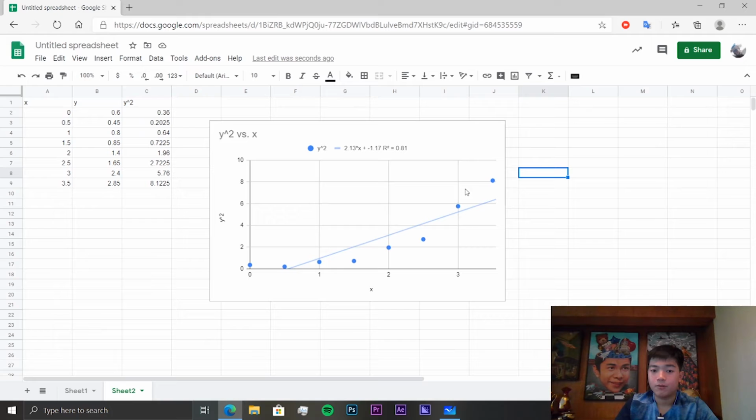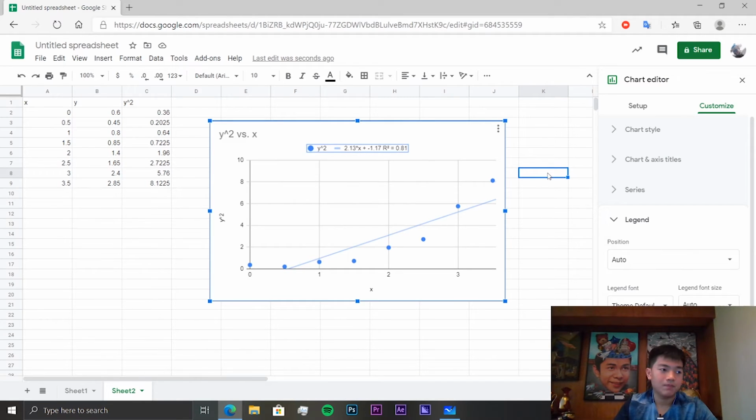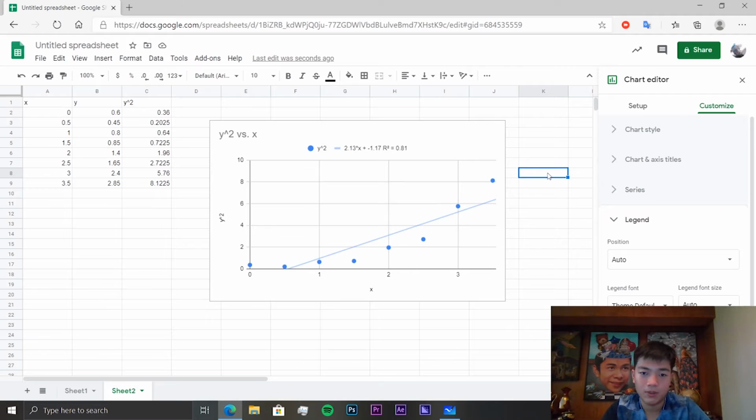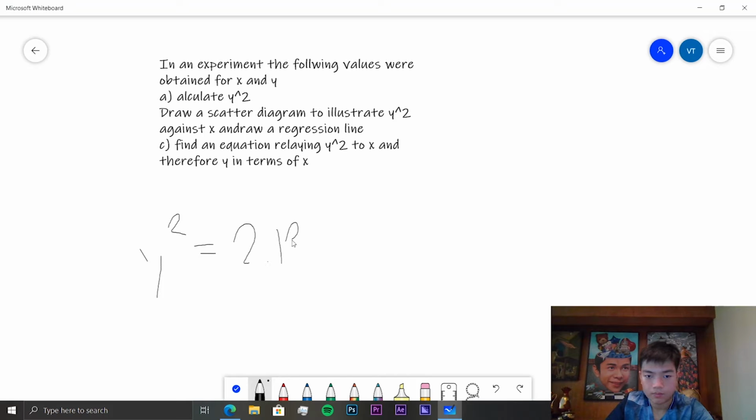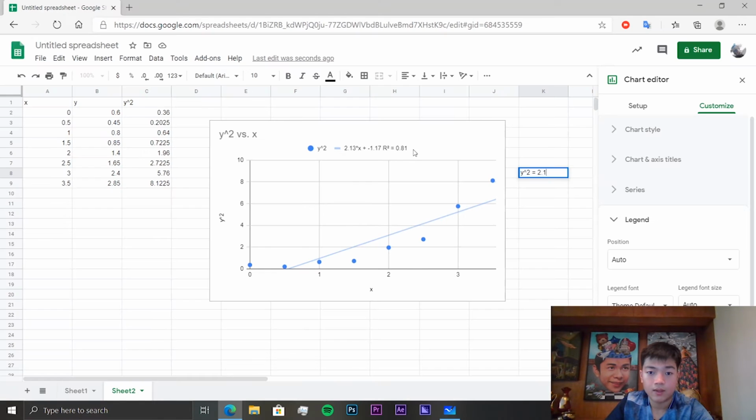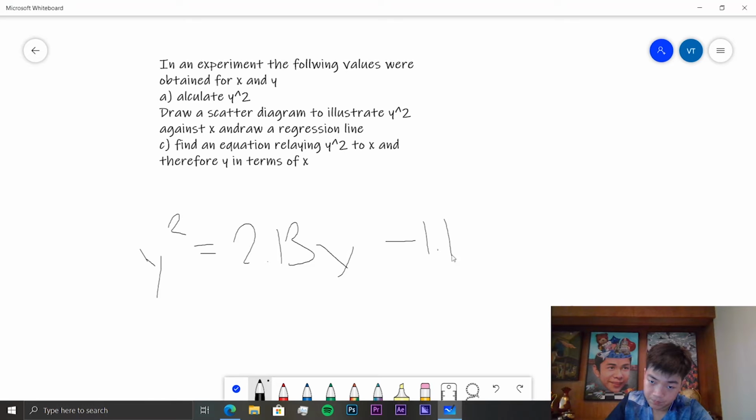And we need to find an equation for y squared. We can do it using this. Normally just get it from your calculator. So we have y squared is equal to 2.13x minus 1.17.